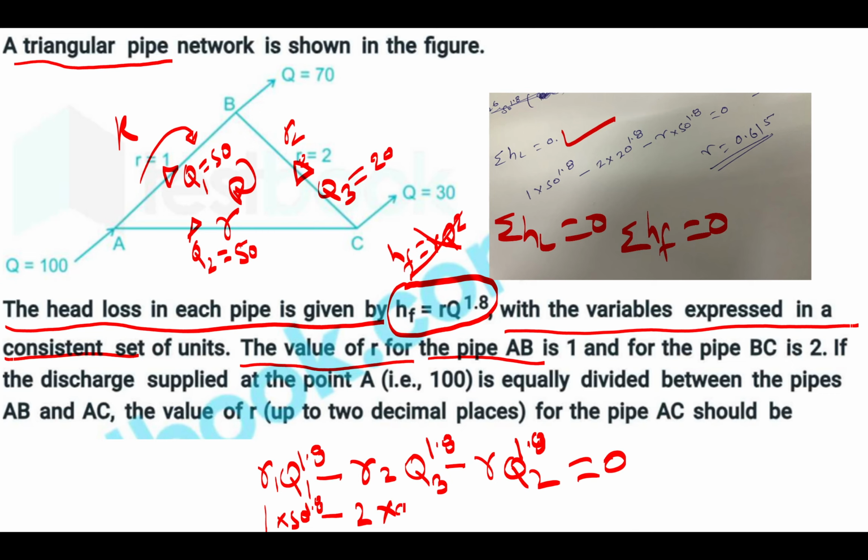So your 20 power 1.8, minus R need to calculate, and Q2 is 50. And when you calculate, your R will come around 0.615. So you need to put up to 2 decimals, so your correct value will be 0.61.